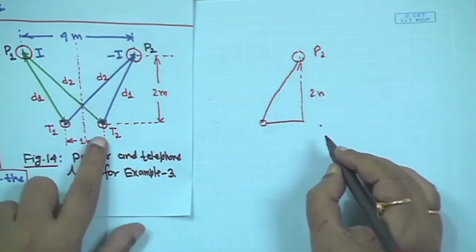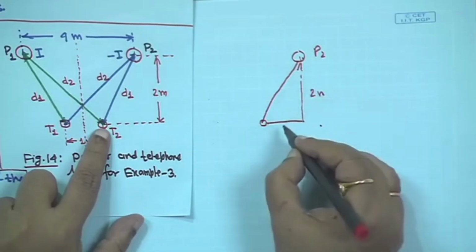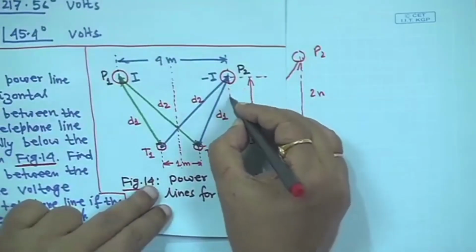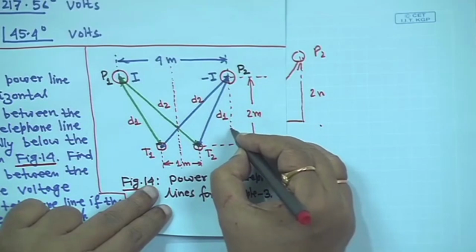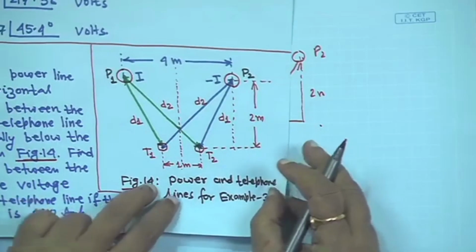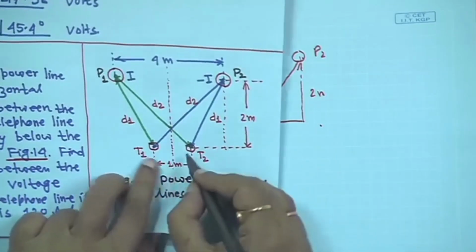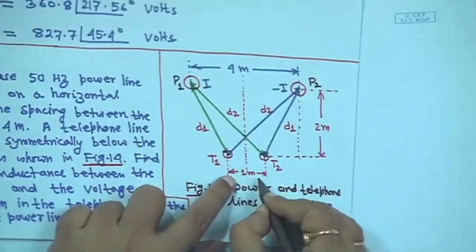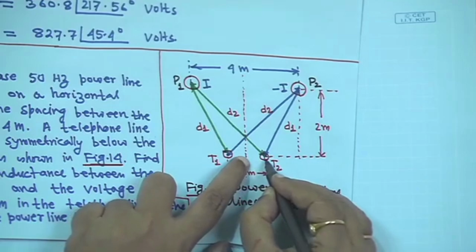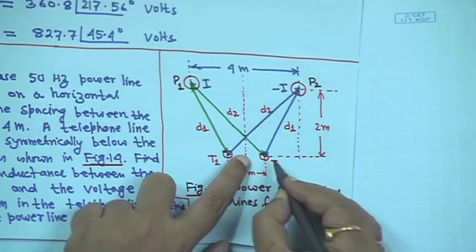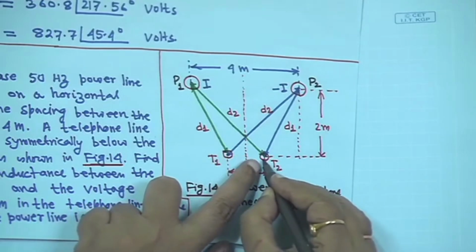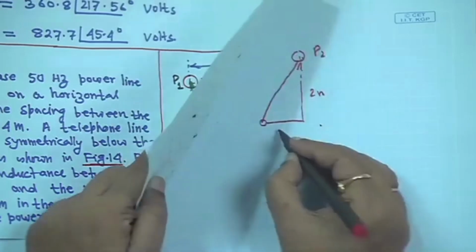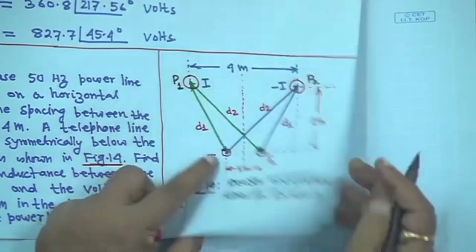So, in this case, if I make it here only, right, between these 2 telephone lines it is 1 meter, from the symmetry from here to here it is 0.5 meter, right, and here to here it is 2 meter, that means this distance is 1.5 meter, right.